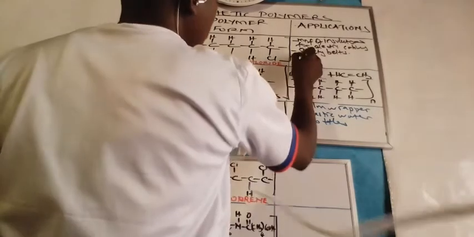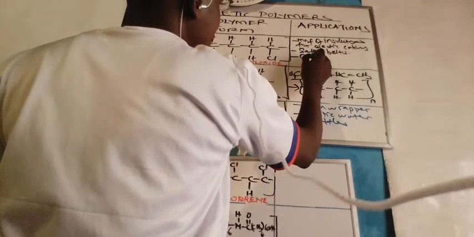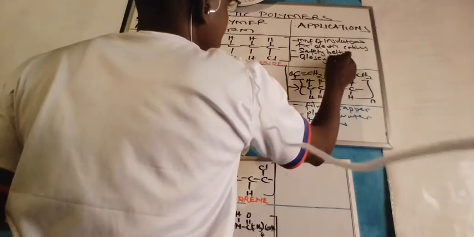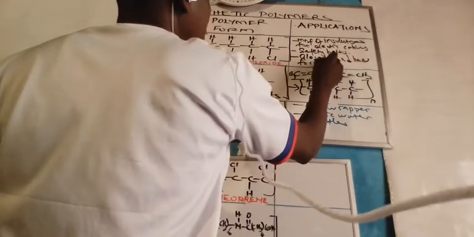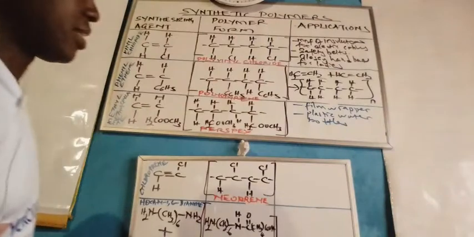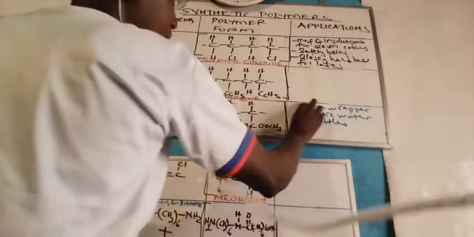Three, we can use it to manufacture glossy handbags for ladies. This is based on its tougher characteristics over what we are referring to as polyethene. So polychloroethene is much tougher than polyethene and therefore has those described applications.